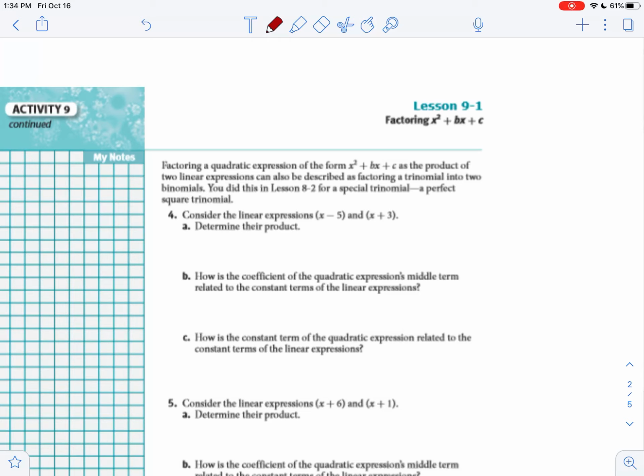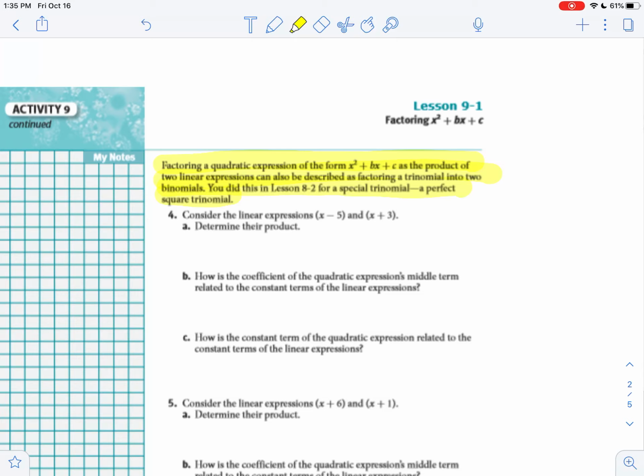Factoring a quadratic expression of the form x squared plus bx plus c as the product of two linear expressions can also be described as factoring a trinomial into two binomials. Okay? And we've already done a little bit of this. In lesson 8.2, we looked at special trinomials, the perfect square trinomials. So now our trinomials aren't going to be special. They're not going to necessarily have two identical binomial factors.